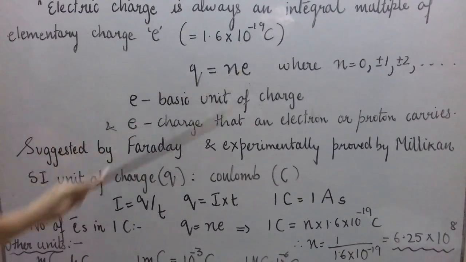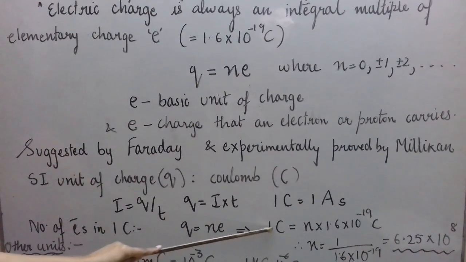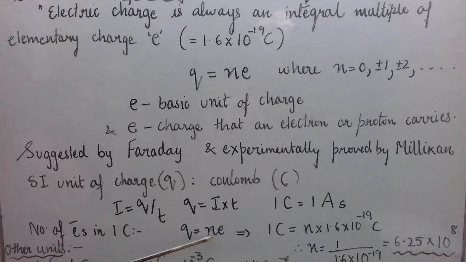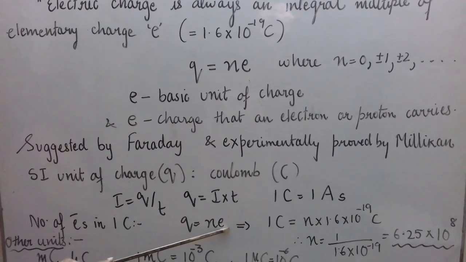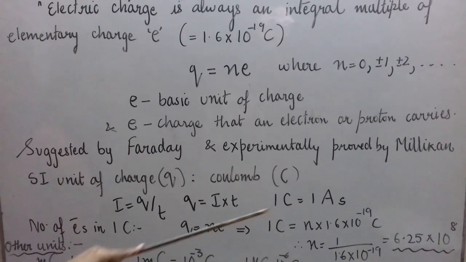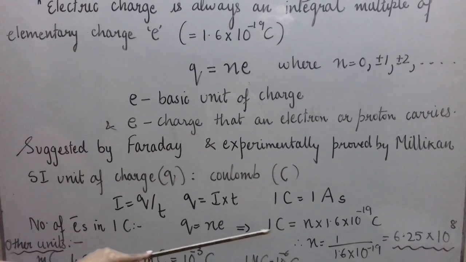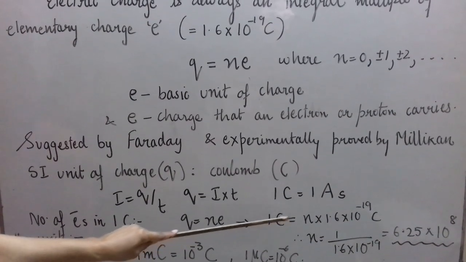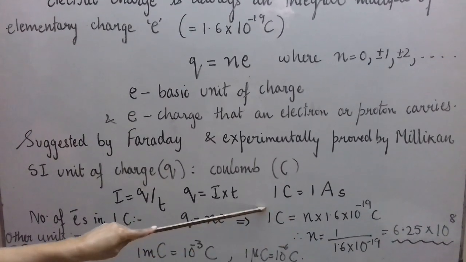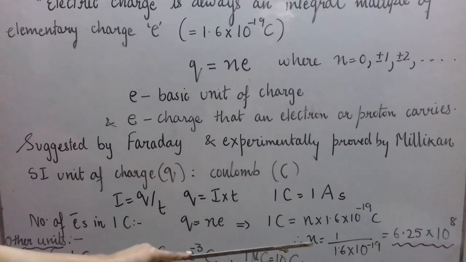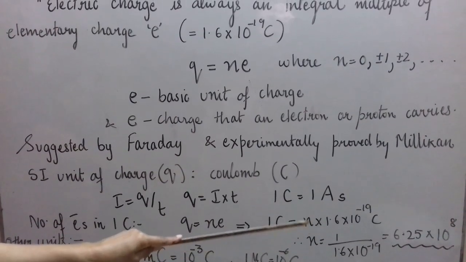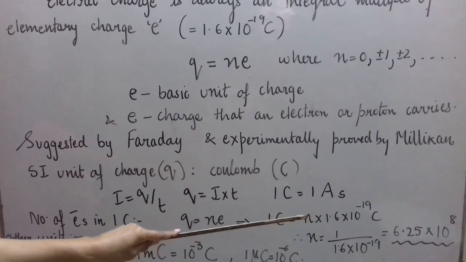Q is n e. Q, I'll take as 1 coulomb. n is the number of electrons and e is the charge on electron. I am not taking negative sign here. So e is 1.6 into 10 raised to minus 19 coulomb. After I simplify, I get the value of n as 1 divided by this, and the final answer is 6.25 into 10 raised to 18.